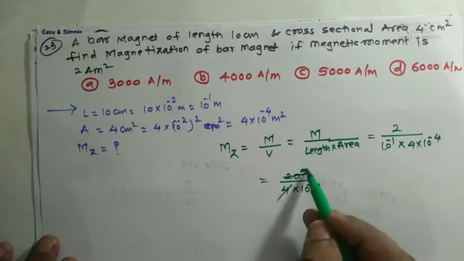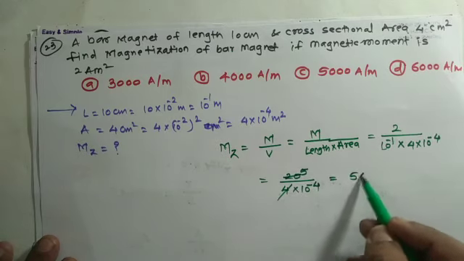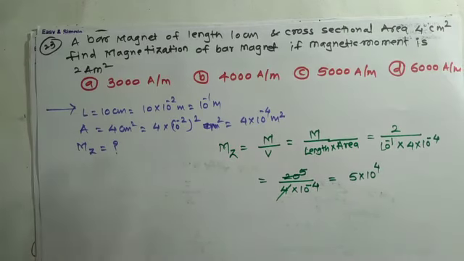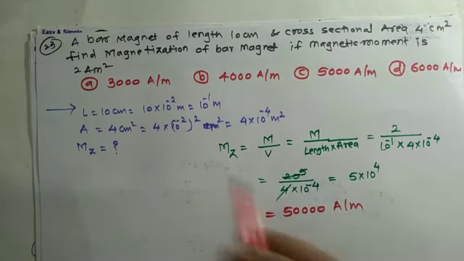So it is 5 into 10 raised to 4 ampere per meter.